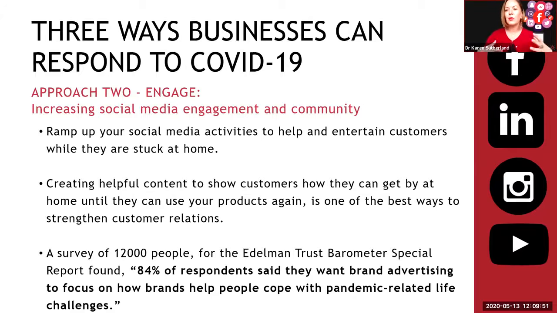Although we can go out a bit more, the best businesses who have been doing this aren't trying to sell. What they're doing is creating content that is helpful, that helps people get through certain things. I've got examples on the next slide, but a lot of fitness businesses are now delivering online workouts.